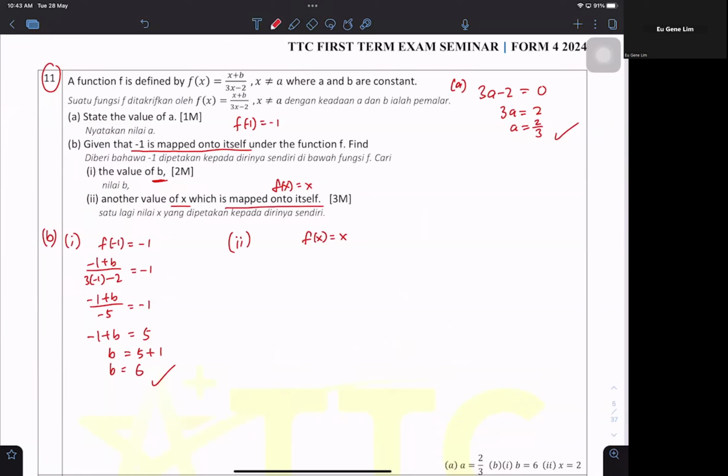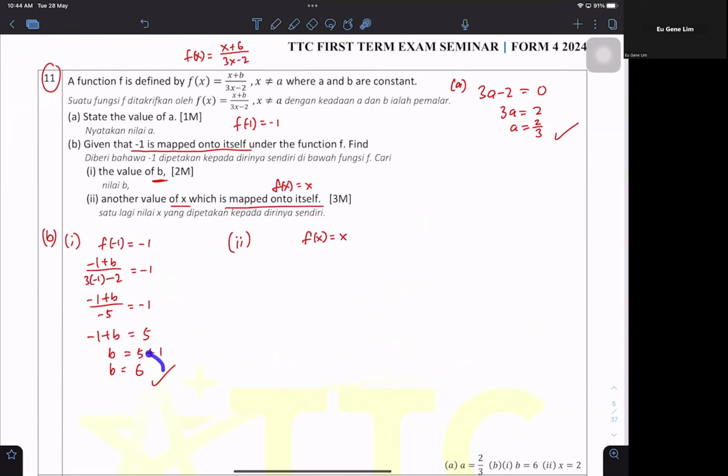Before we continue, we just found out b, right? We should put the b into the function first. Very good. So I write again the function. It should be f(x) equals to (x plus 6) over (3x minus 2), right?